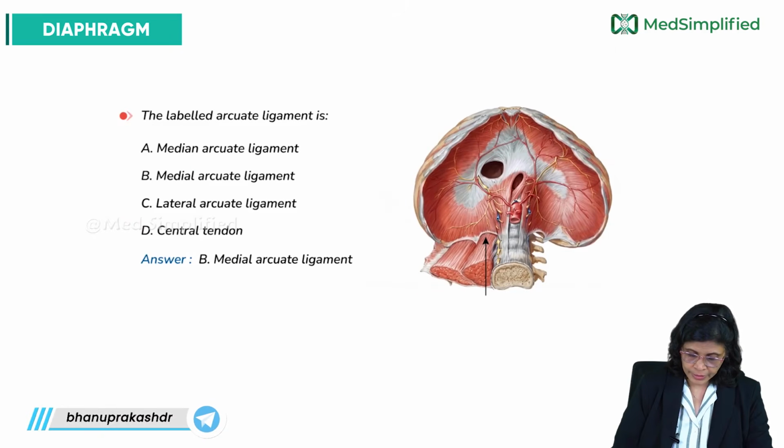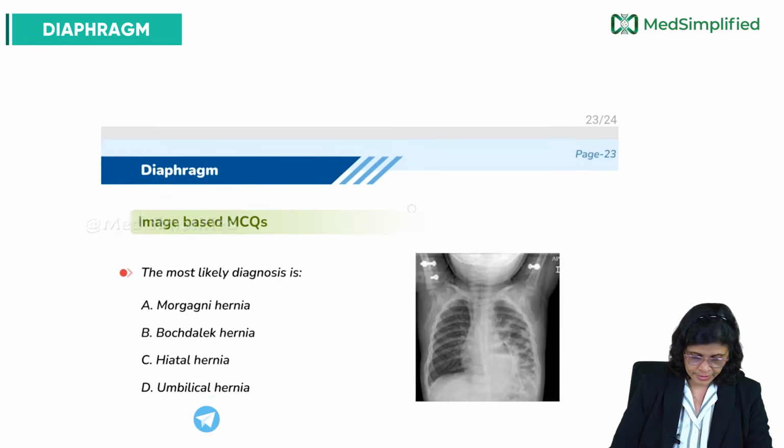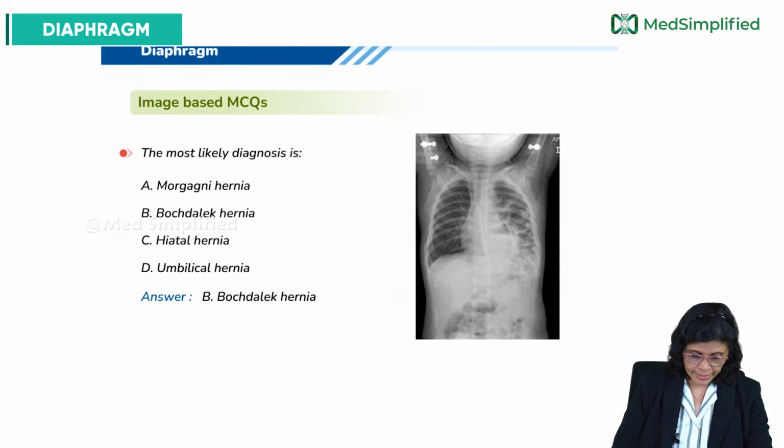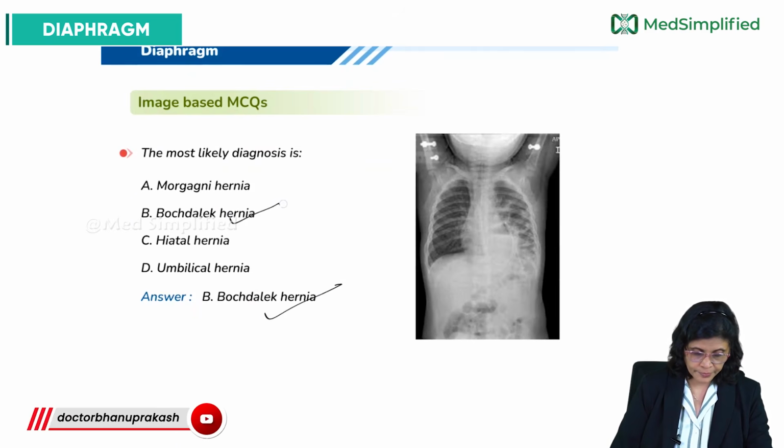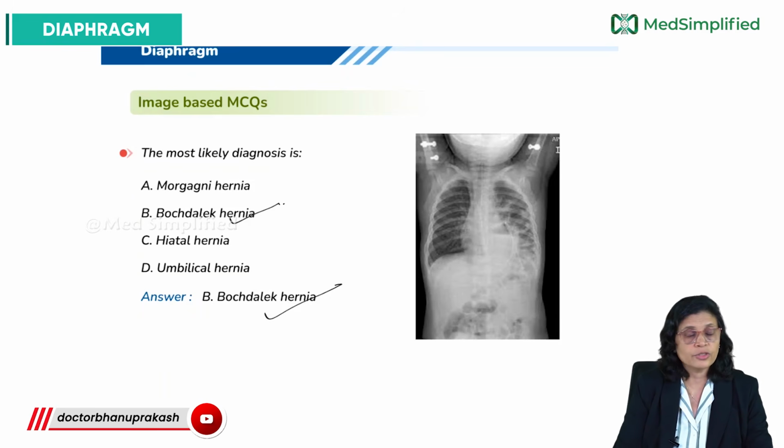The labelled arcuate ligament here, on the psoas major muscle, is the medial arcuate ligament. The most likely diagnosis here is Morgagni hernia. Morgagni hernia is a retrosternal hernia.